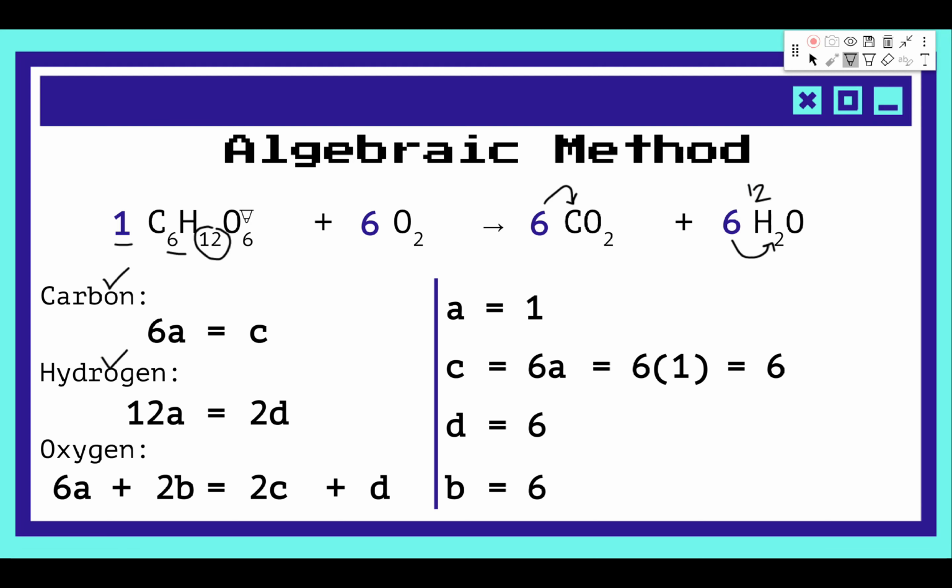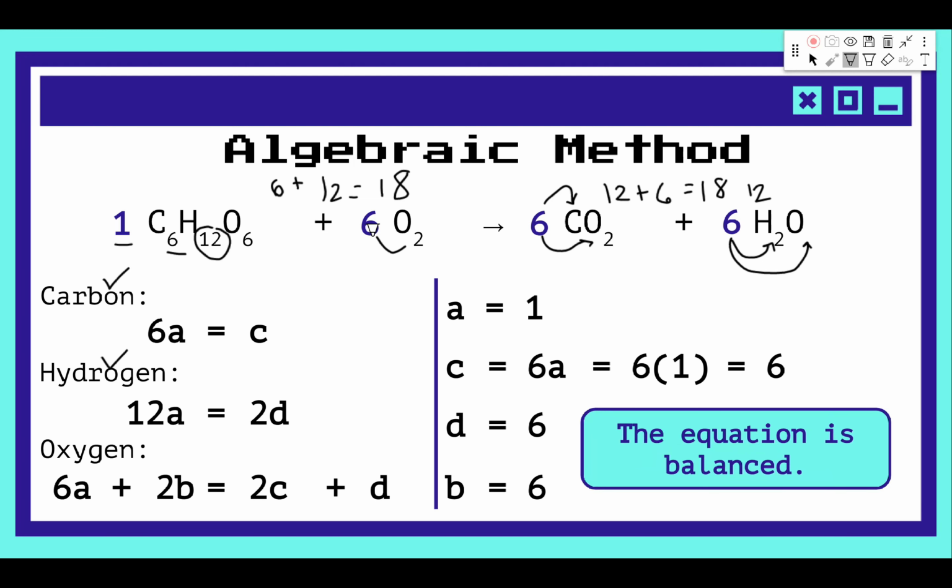Oxygen, I have 6 plus 6 times 2, which is 12, 18. I have 6 times 2, 12, plus 6, 18. So we can say that the equation is balanced.